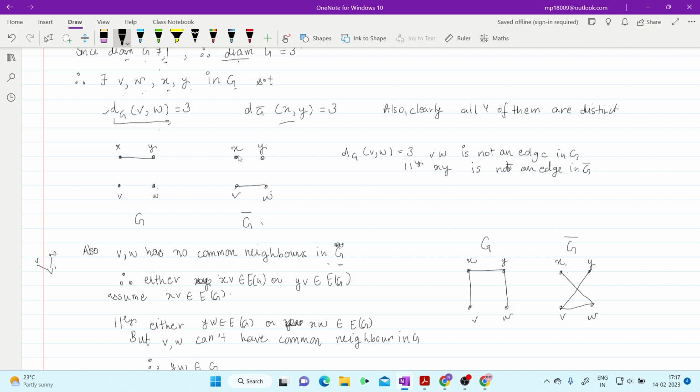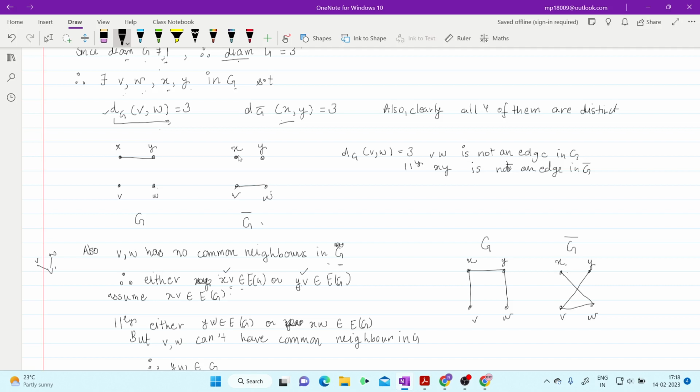So we see that either XV belongs to G or YV belongs to G. If these two edges are not in G, then these two edges will be in G bar, and X and Y will have a common neighbor in G bar, which cannot be true because the shortest path between X and Y has length 3.